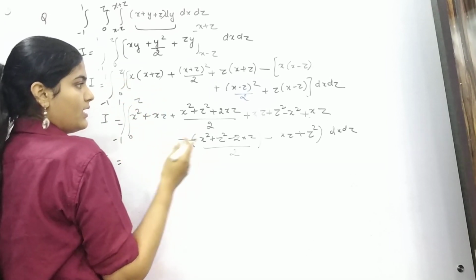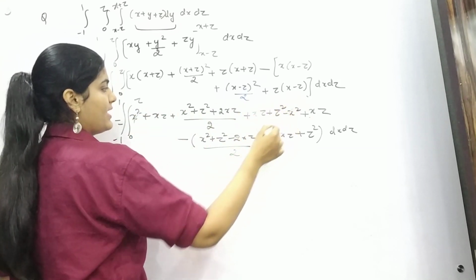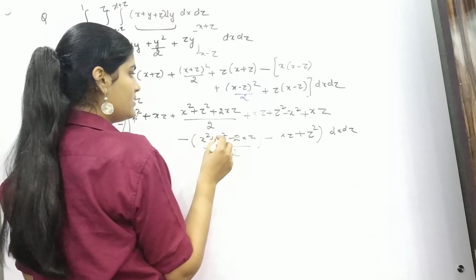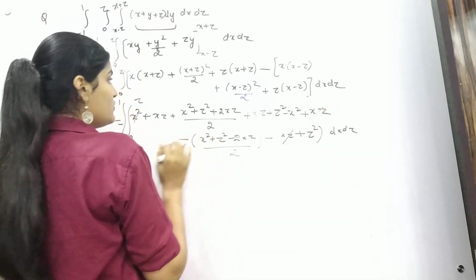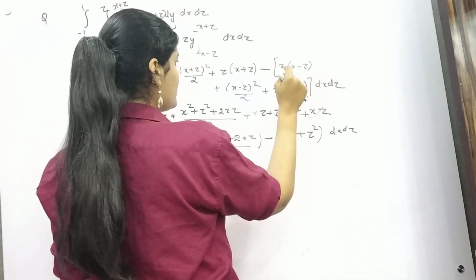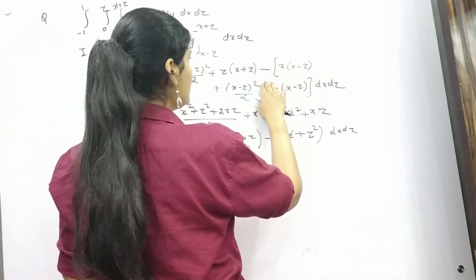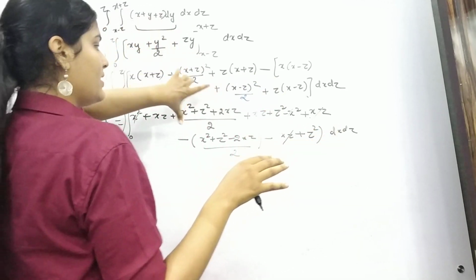Now if you see here, x square will be cancelled with x square and xz with xz. What else? This is minus z square. You have already taken everything.